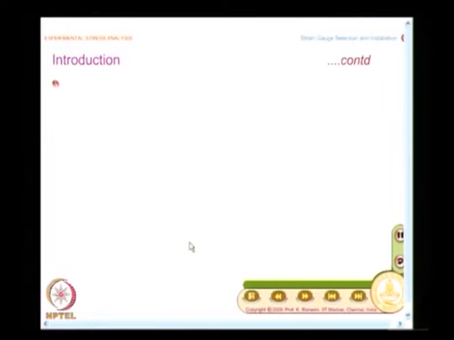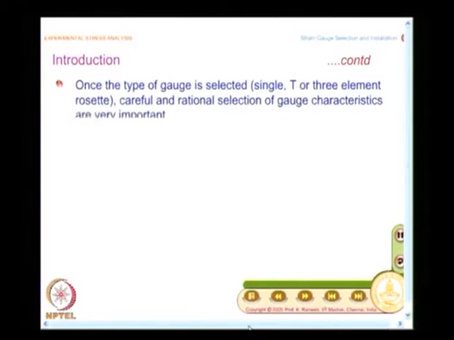So, the recommendation is try to use a whole field technique in conjunction with a point by point technique. A point by point technique alone will not be very effective, and we have seen some examples where a mere application of the strain gauge technique was not sufficient because you pasted it slightly away from the critical zone. So, it underestimates the maximum strain. So, your design can be way off. So, the recommendation is combine the use of whole field technique and a point by point technique.